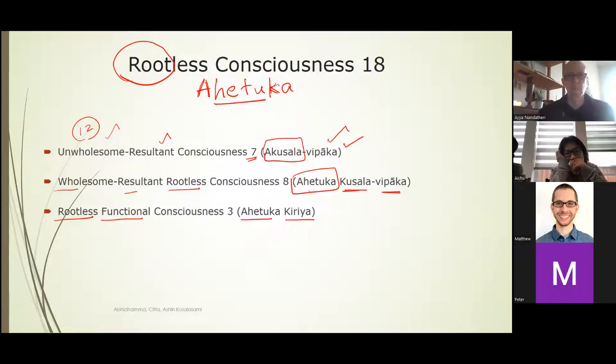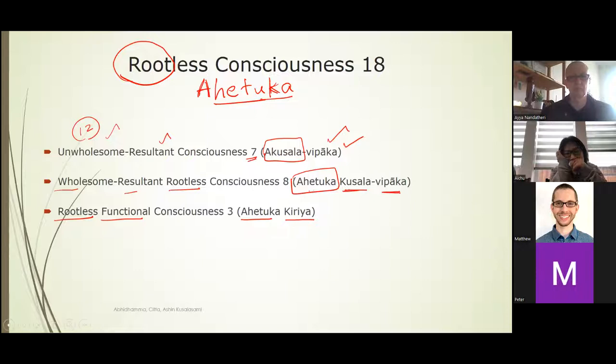Hetuka means having root, and Ahetuka is the opposite. I will not talk about the Pali grammar, that will be another subject. Ahetuka means rootless. You will understand more later.